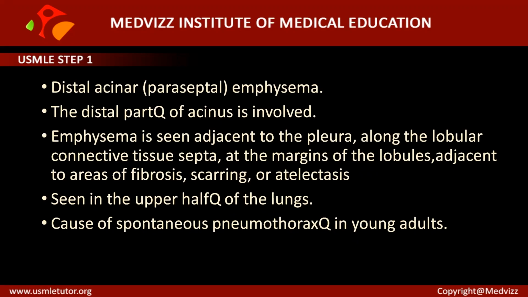That's the reason emphysema is adjacent to the pleura along the lobular connective tissue septa, that is, at the margins of the lobules, adjacent to the areas of fibrosis, scarring and atelectasis. This is typically seen in the distal acinar type of emphysema, and it is more commonly seen in the upper half of the lungs.